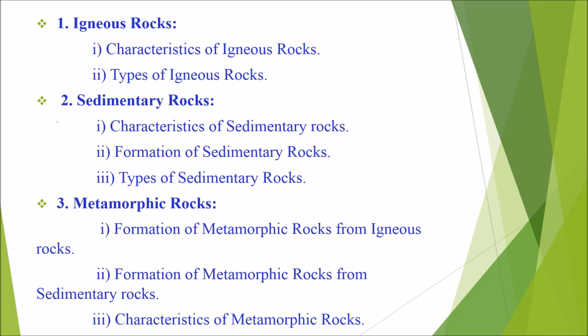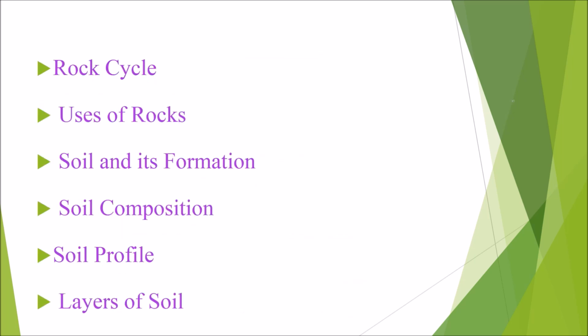Under this, we have formation of metamorphic rocks from igneous rocks, formation of metamorphic rocks from sedimentary rocks, and finally characteristics of metamorphic rocks. Rock cycle, uses of rocks, soil and its formation, soil composition, soil profile, layers of soil.